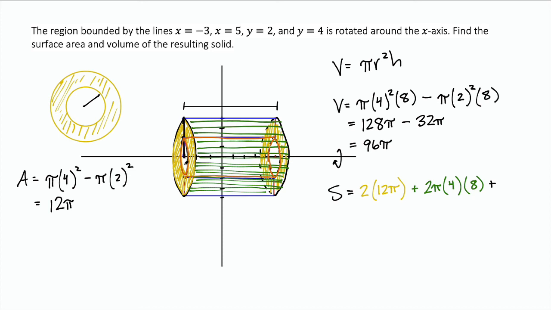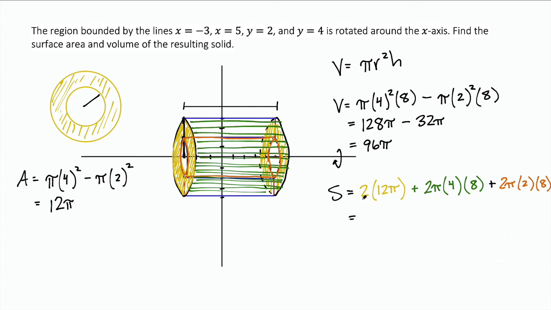So that's another 2 pi RH. 2 pi, then the radius of that inner circle is 2 times the height, which again, the height of that cylinder is 8. All right, so there's a lot of stuff going on here.